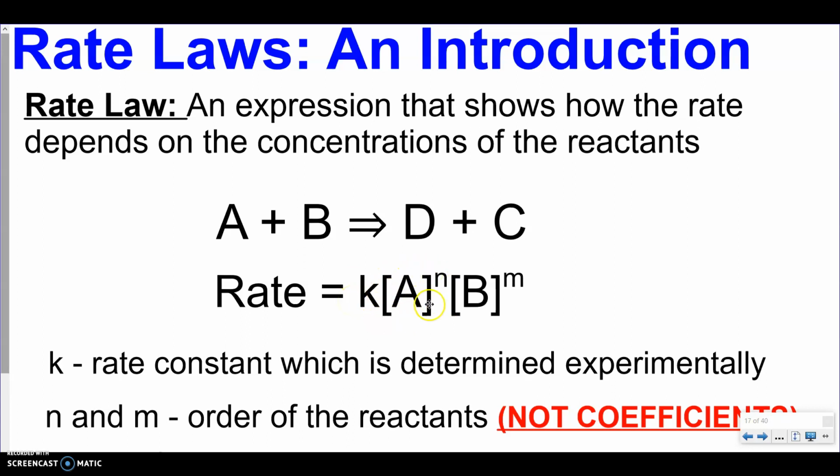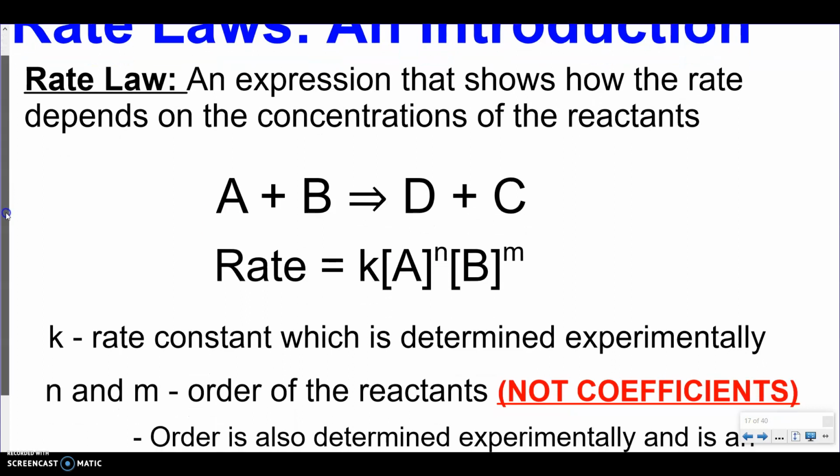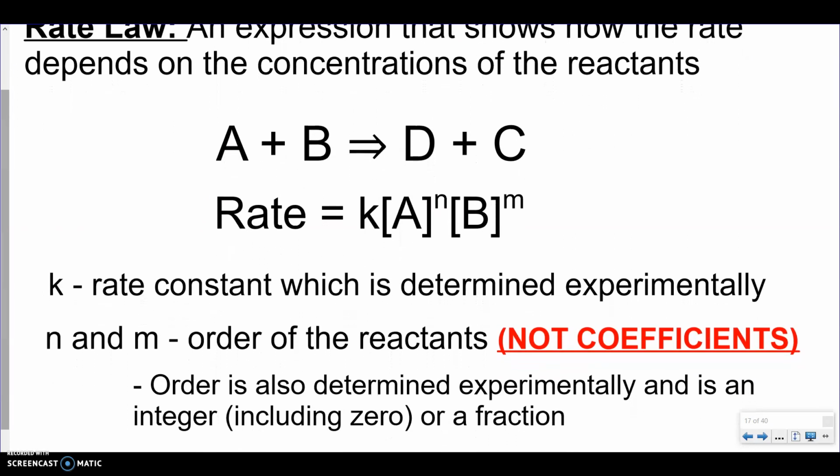We then put brackets, remember this means molarity, around each of our reactants, and we raise it to a value. This value is called an order. It is not called a power anymore per se. It is called an order, and we can see any type of order throughout this process as long as it is a positive value.